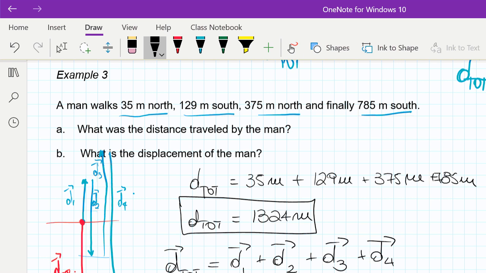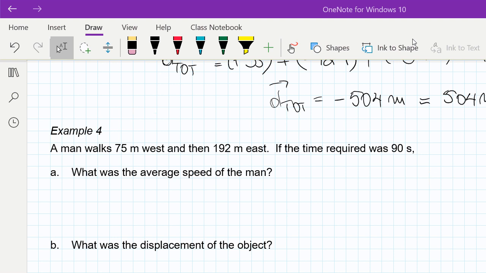Giving us a displacement total, if you use the calculator, of negative 504 meters, or you can say 504 meters going south. Your answers were right. You had them on the chart and they were right. The work that you need to do to support this is this one here.